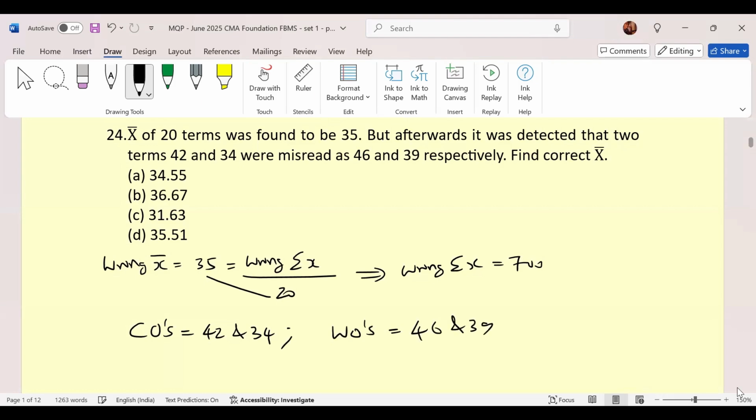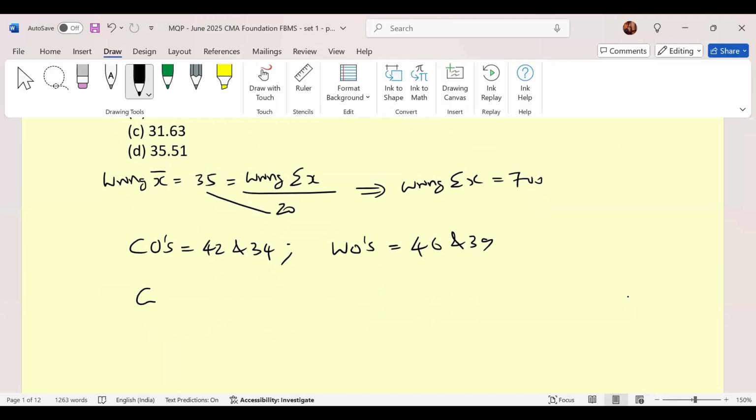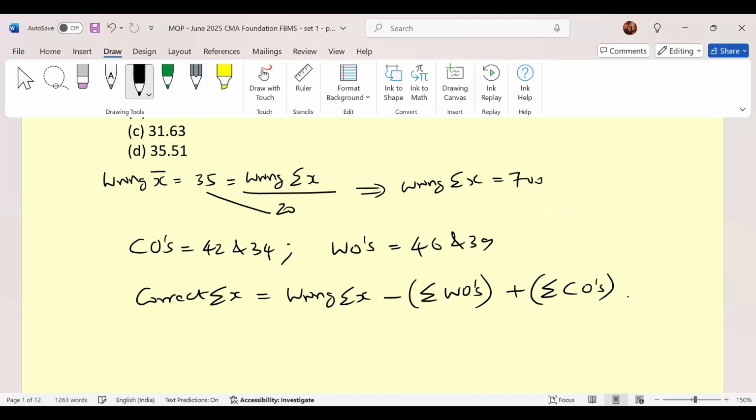So in order to find the correct summation of x, which will lead to finding the correct x bar, we will be using wrong summation of x minus sum of the wrong observations plus sum of correct observations. So that means 700 minus of 46 plus 39 plus 42 plus 34.